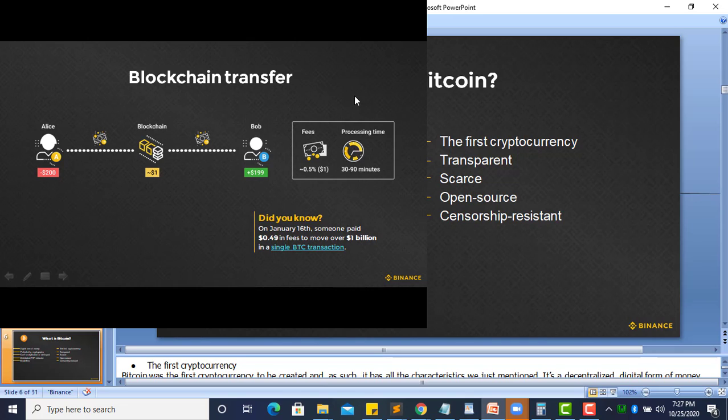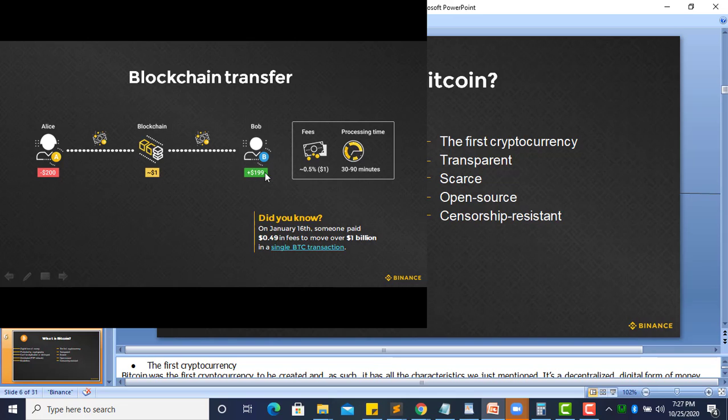But when it comes to blockchain transfer, whether you are using Bitcoin, Tron, or Ethereum, if Alice wants to send that same $200, it will cost only $1. If Alice is using any of the blockchain technology to send that same amount of money, Bob or John is going to receive $199 in the US.